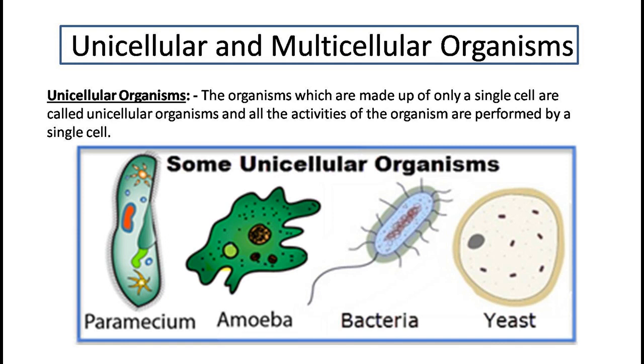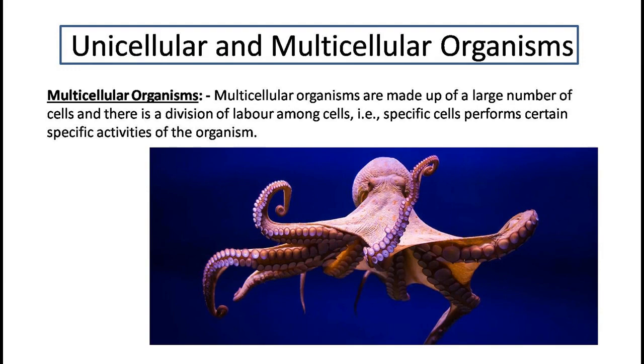The organisms which are made up of only a single cell are called unicellular organisms, and all the activities of the organism are performed by a single cell. Whereas multicellular organisms are made up of a large number of cells, and there is a division of labor among cells. That is, specific cells perform certain specific activities of the organism.